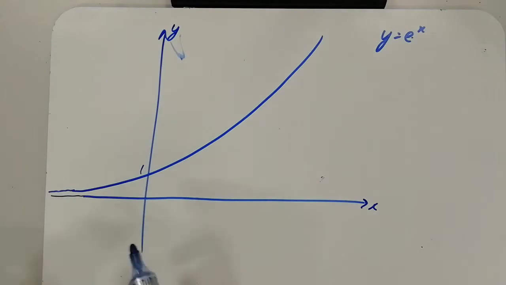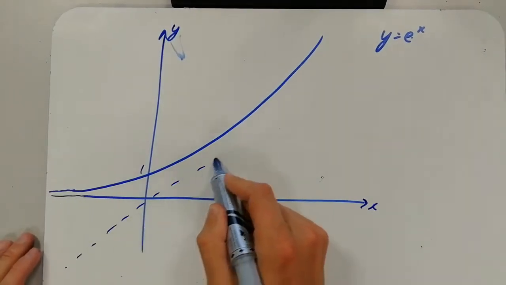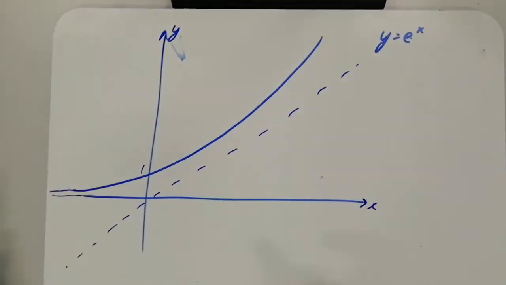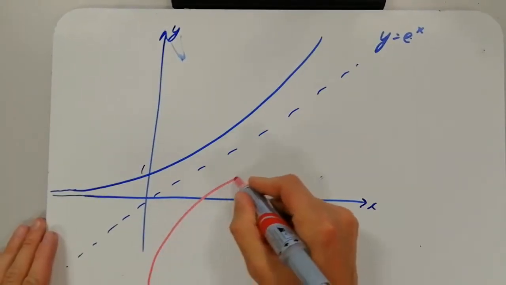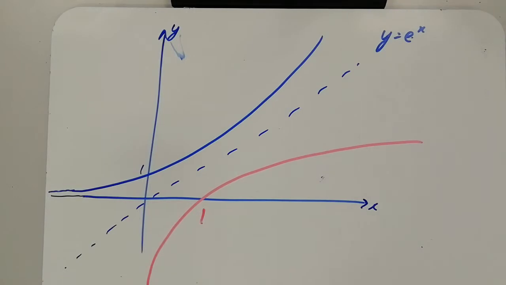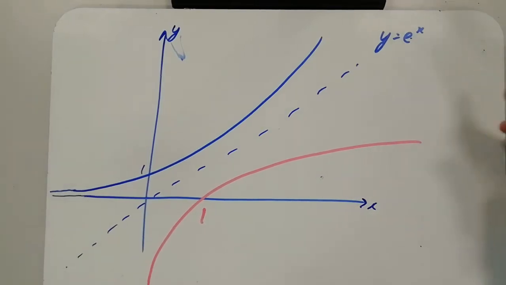Okay, so the inverse of that, I'll just reflect in the line y equals x. And again, this will be the inverse function. This is what the inverse function will look like.